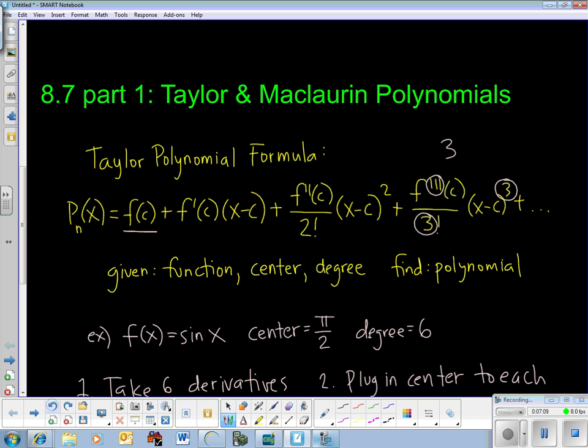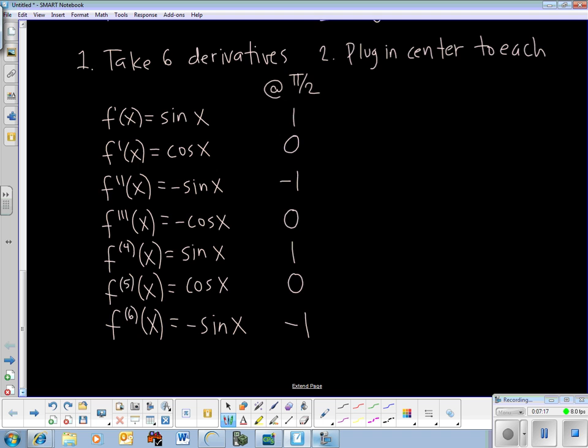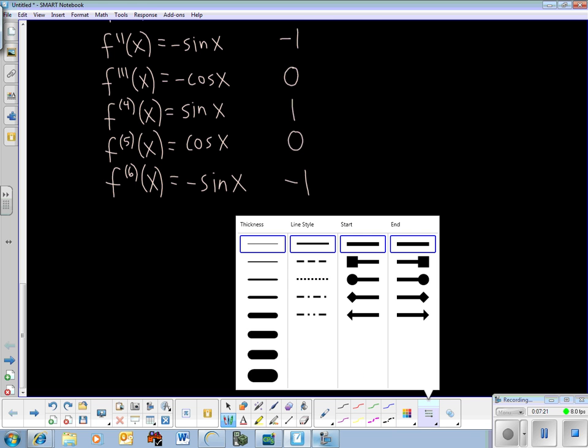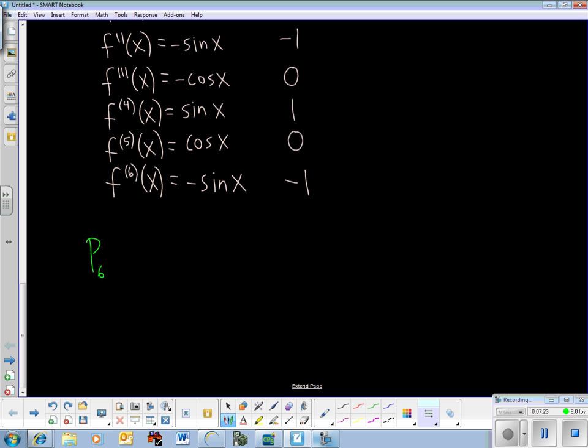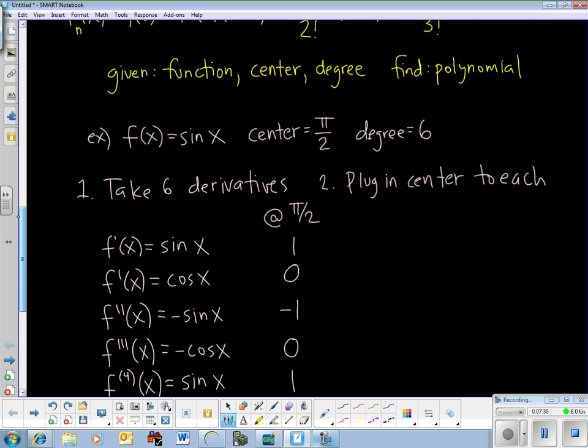Let me get rid of some of that stuff. Okay, so let's just follow our pattern. This would be, getting ready to form our answer already. P sub 6 of x means the 6th degree polynomial. It should start with the function evaluated at pi over 2.